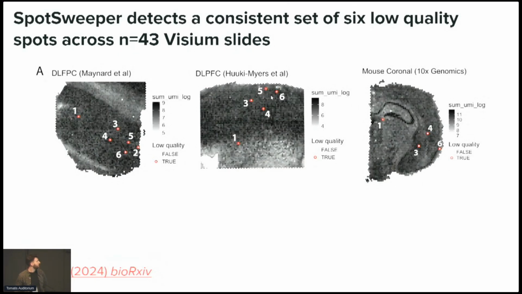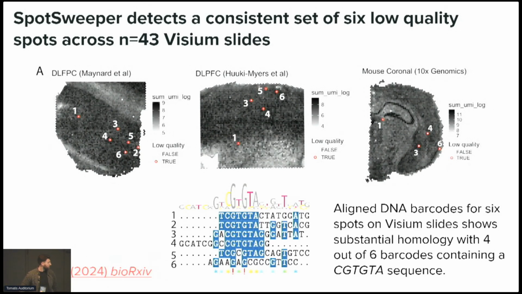And so looking into this further, we found that for each individual spot in the Visium capture array, that same spot in that XY coordinate has the same synthetic DNA barcode across all capture arrays. So we thought it may be this DNA barcode that underlies it. Looking into that, we do in fact see pretty strong homology in these synthetic barcodes underlying these spots.